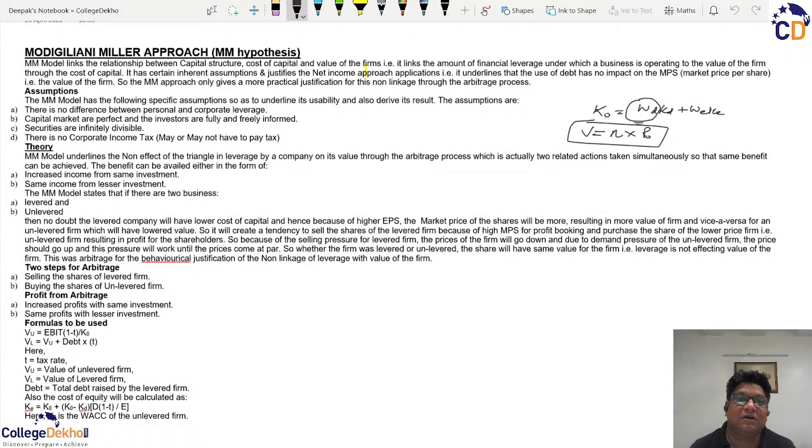As the size of the debt leverage increases, the KO decreases, and hence the value of the firm must increase. But today we will be discussing the Modigliani-Miller approach, that is the MM approach.